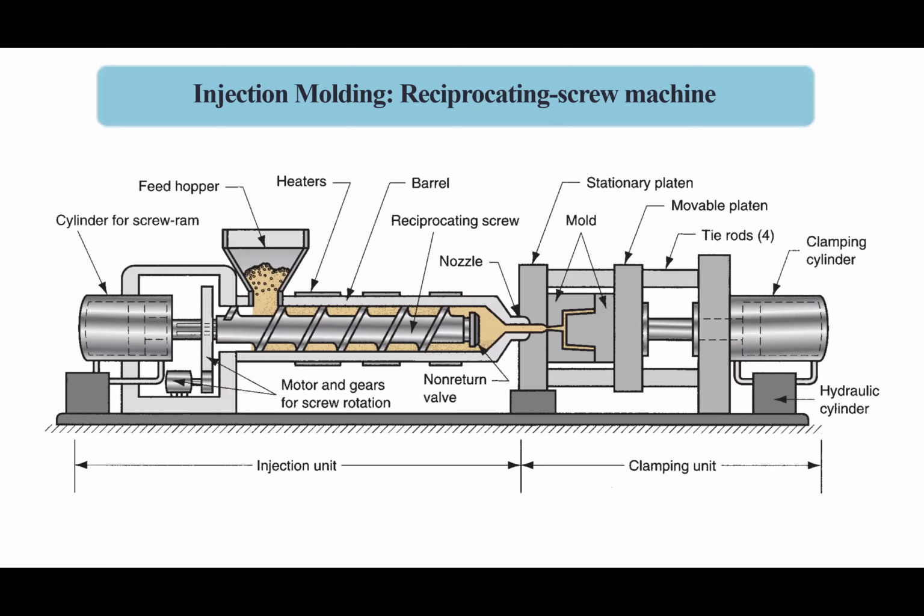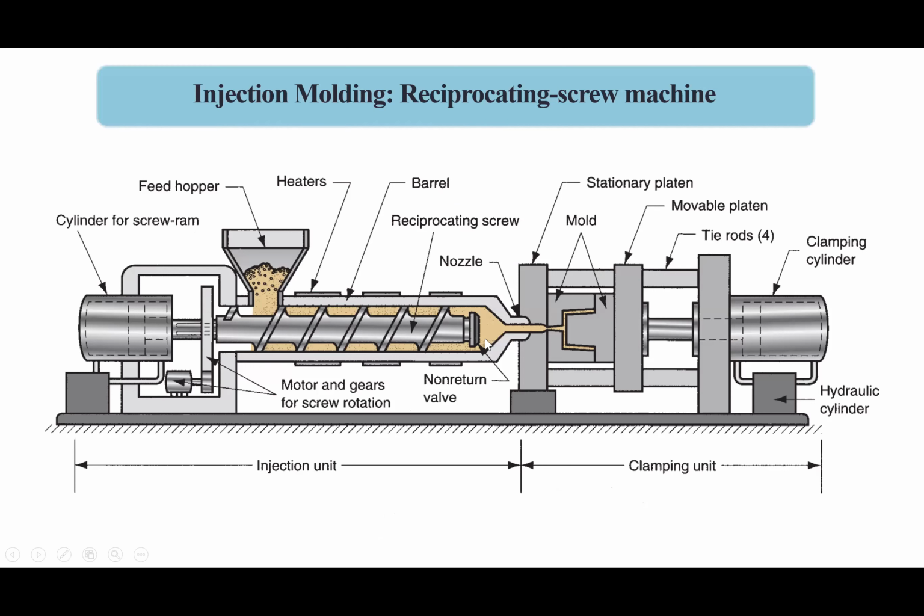So injection molding is kind of like injecting, the way doctors use syringes to push something inside a vein or something like that. In this process, we also do the pushing with the help of a screw, which reciprocates, and that's why we call this a reciprocating screw machine.